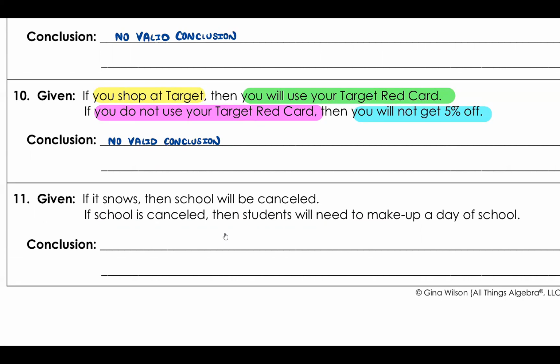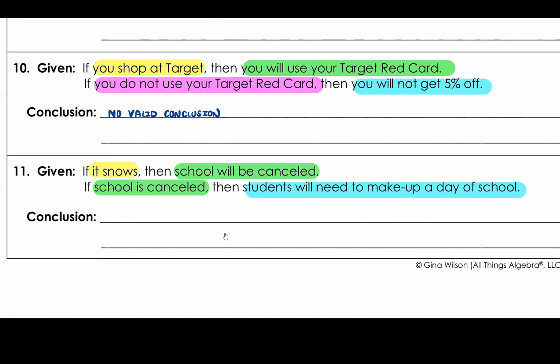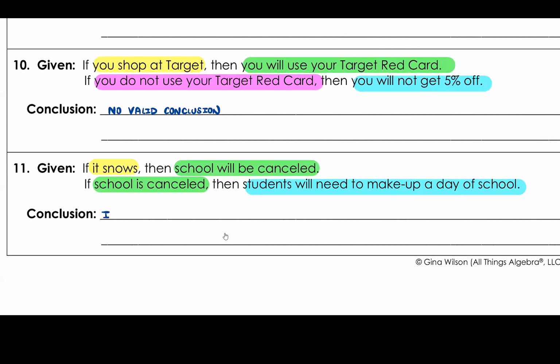So what's our original hypothesis? It snows. Our original conclusion? School will be canceled. Next hypothesis? School is canceled. Then finally we conclude? Students will need to make up a day of school. Can we draw a conclusion from this? What's our new conditional statement? If it snows, then what?